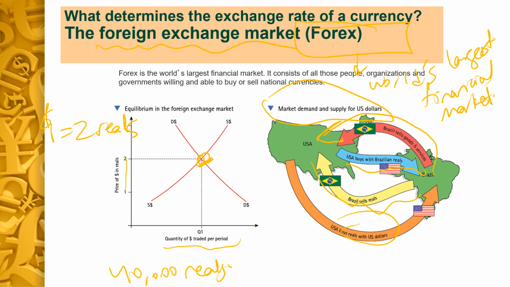So this equilibrium is called the equilibrium market price of one national currency in terms of another. You are always comparing currencies against each other, and this is what we call the exchange rate.